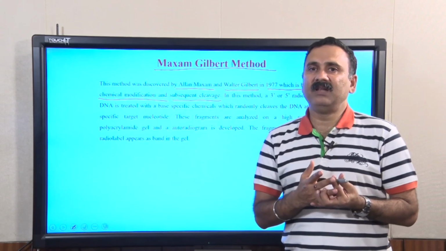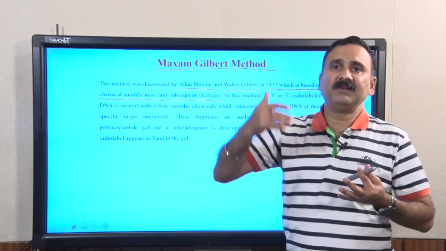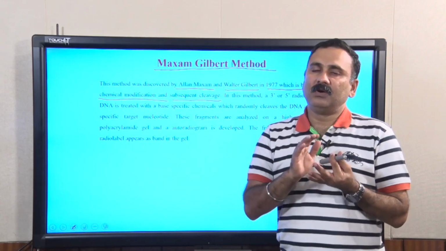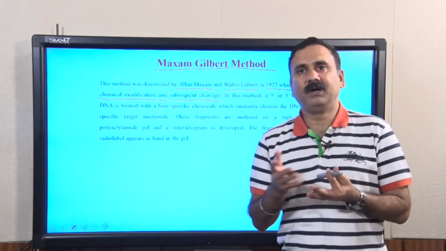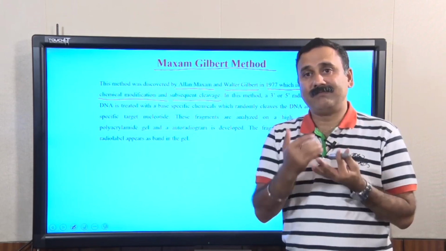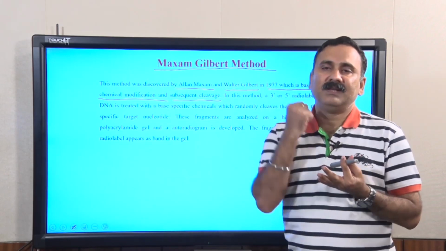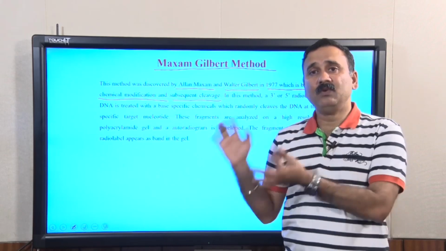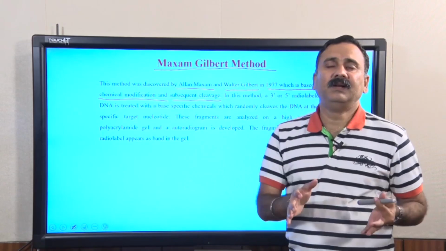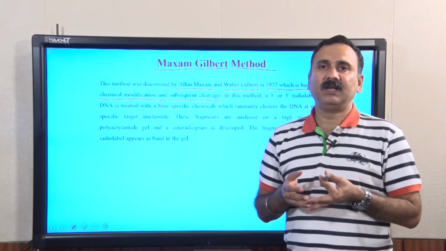If the DNA polymerase incorporates T even if the template is saying you have to incorporate A, your sequencing may not be correct, because ultimately what you get is the bands. So the whole Sanger method depends on the sensitivity and the accuracy of the DNA polymerase which you are using for these reactions.